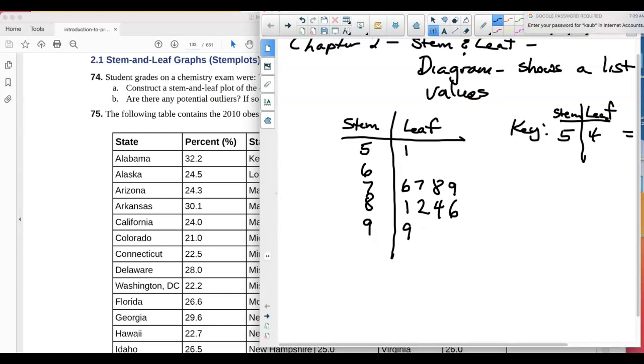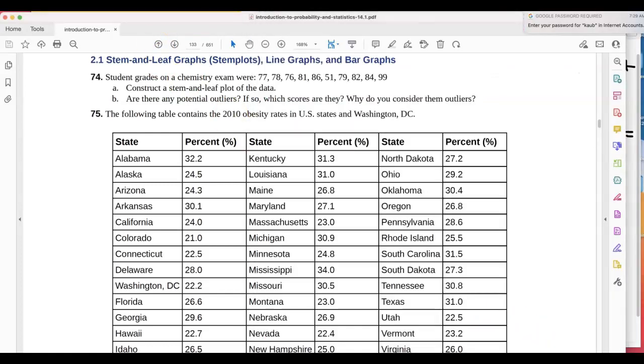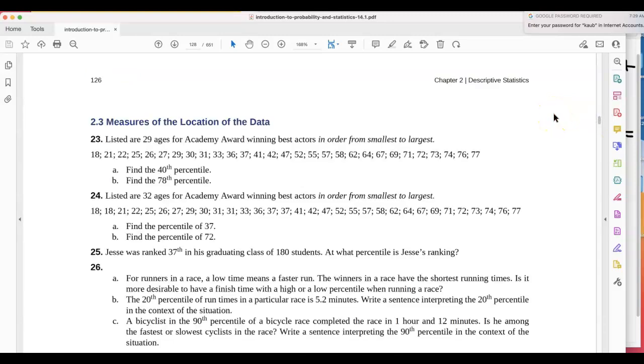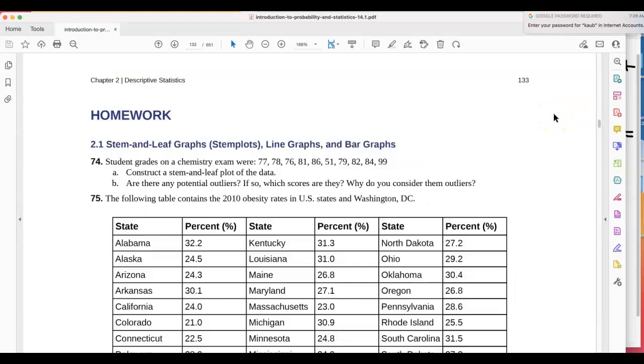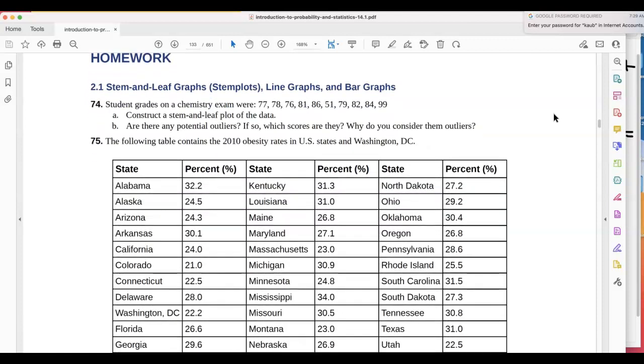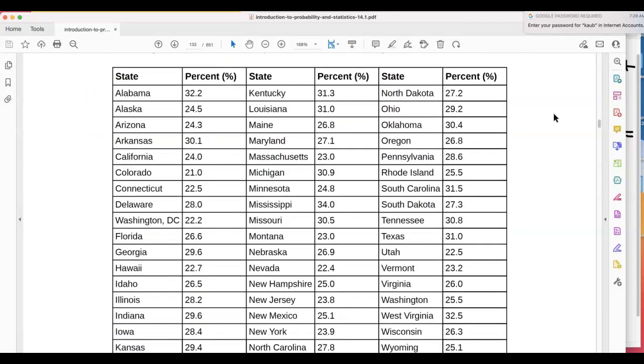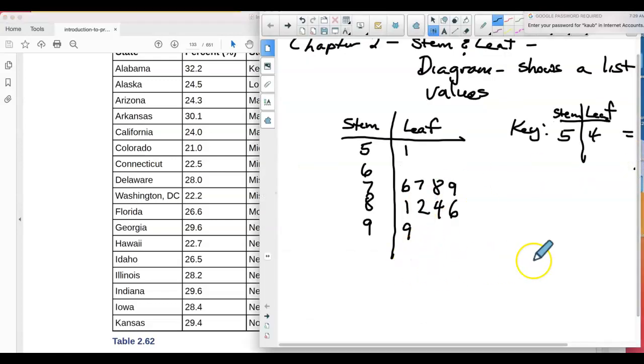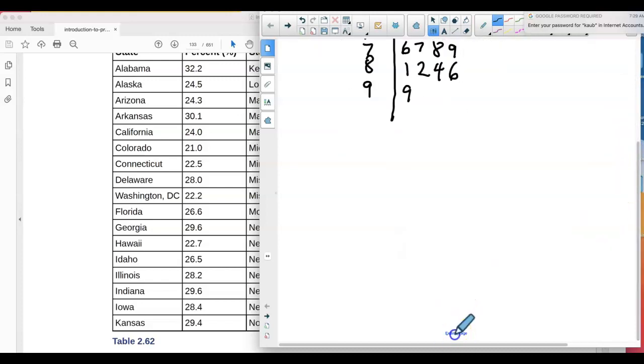We're going to use this first column on the graph and just use these values only, the values for percentages, for my stem and leaf right here.